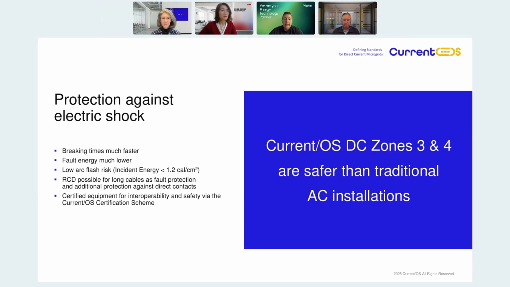Nevertheless, RCDs are still possible for long distribution cables as fault protection or also as additional protection against direct contact. In particular, in CurrentOS, we are working in order to have certified equipment for interoperability and safety with a dedicated certification scheme.